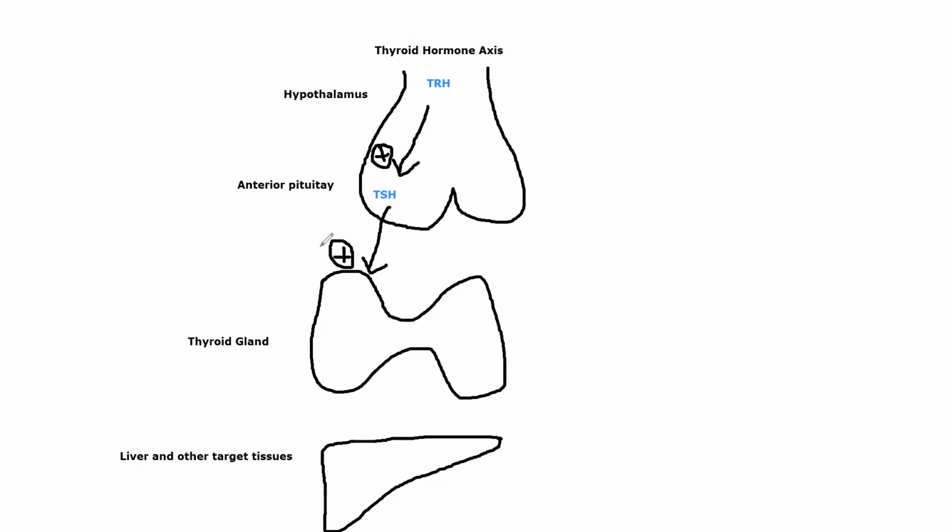The third part is that the gland is going to secrete its hormones, which we described as being either T3 or T4. So this is T3 or T4, being secreted from the gland.